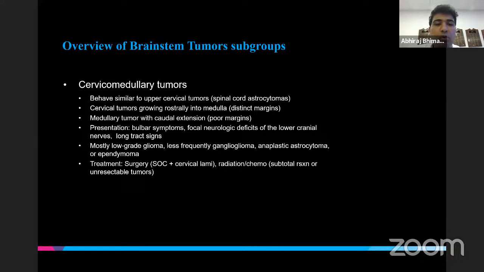The others could be anaplastic astrocytoma or ependymoma, the former of which could be challenging to resect. And the treatment we talked about could be surgery, based on whether it's a cervical tumor extending up or a medullary tumor extending down, the latter of which would be more amenable to radiation and chemotherapy after a subtotal resection.